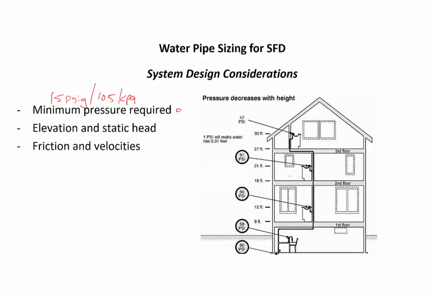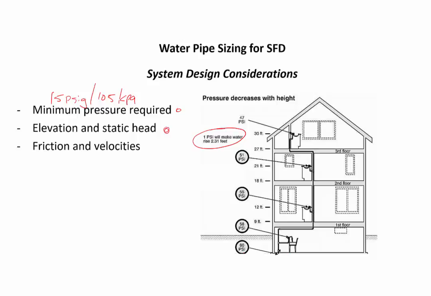Then we have to look at conditions in some cases where we have to overcome elevation, which creates a head pressure that we have to overcome. Now, head pressure that's created by the density of water is 1 psi for every 2.31 feet.